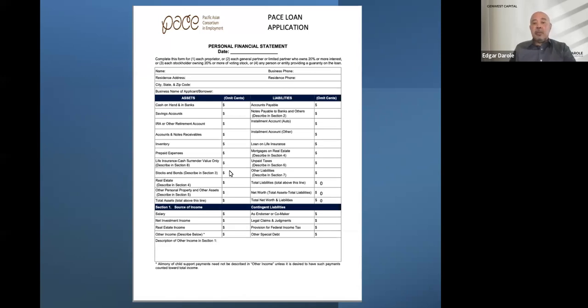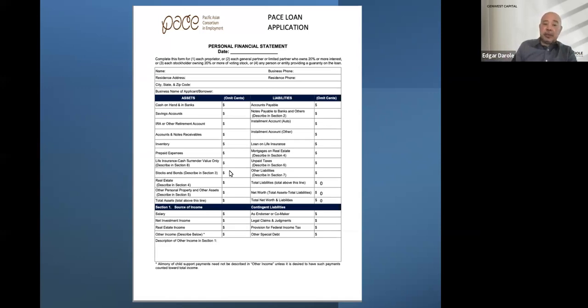Now, under the mortgage on real estate section, this is where you put in your combined first and second. If you have a second or a home equity loan, you put in your total balance over there. So if you have a $100,000 or $150,000 home equity loan, you add it to your existing first mortgage, let's say for $500,000.